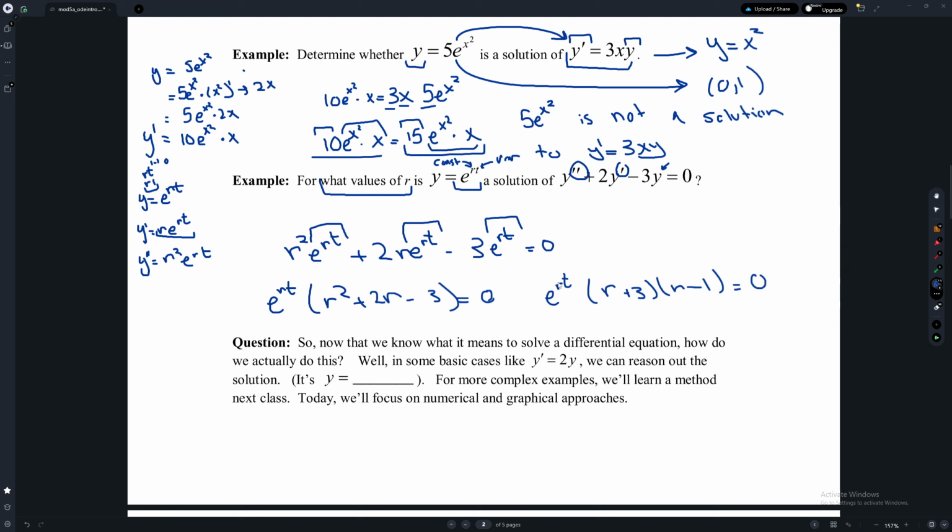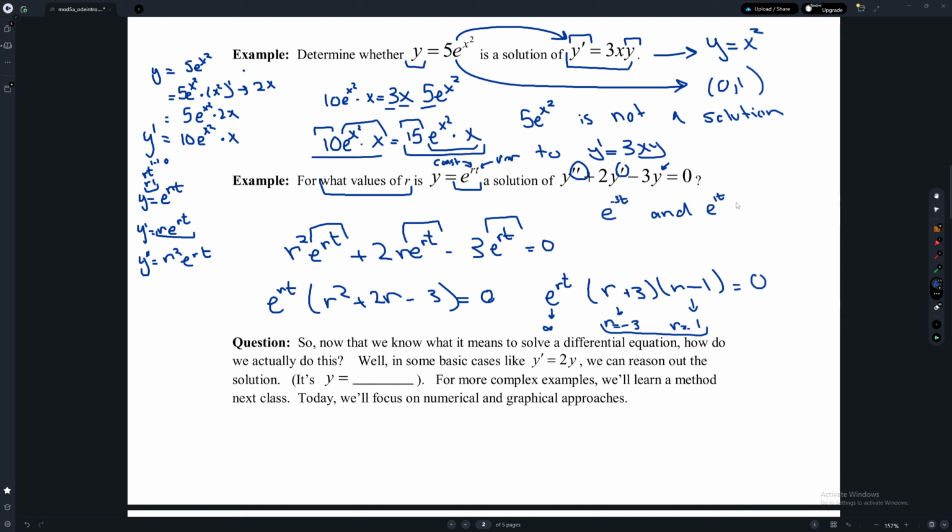Okay, so now, because they're multiplying, you can do what I'm about to do. If these were adding, you couldn't. But since these are multiplying, e to the rt can never be 0. So r equals -3, and r equals 1. And now we found 2 values. You take these and you sub them into your original. So you say e to the -3t, subbing in -3, and e to the 1t, you sub in 1 for r.